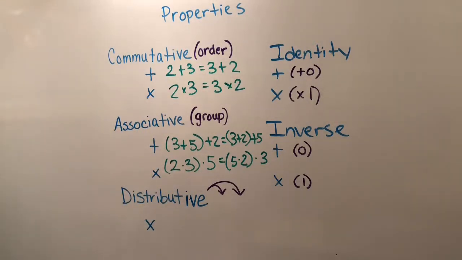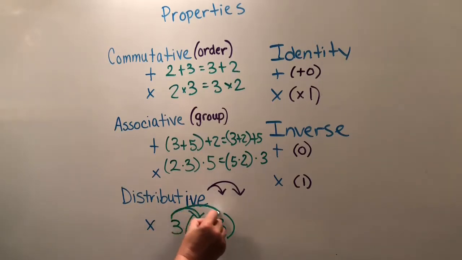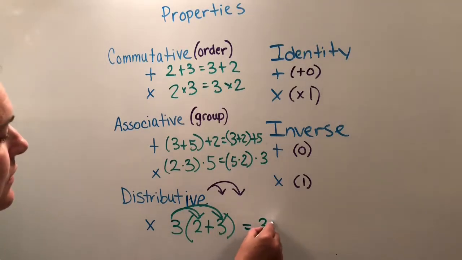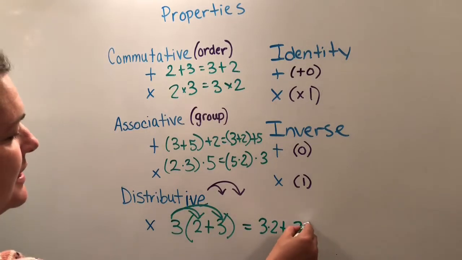For distributive multiplication, when it sits outside of addition, you are saying that you have to distribute the multiplication to each number inside the grouping. So it will be 3 times 2 plus 3 times 3.